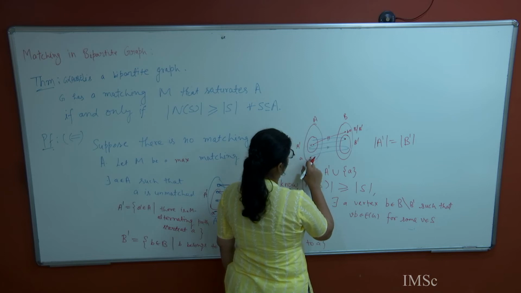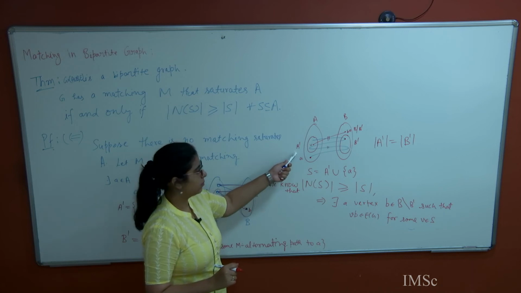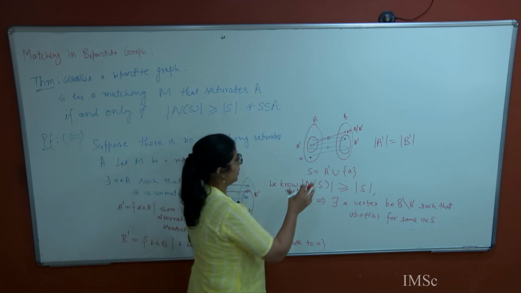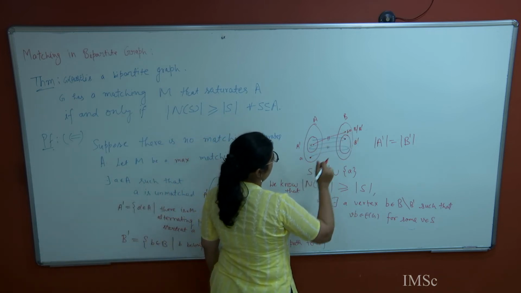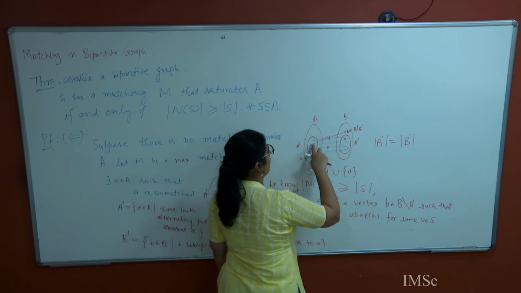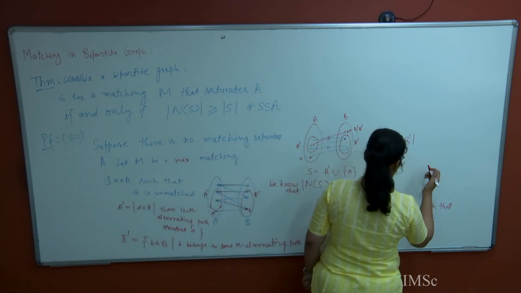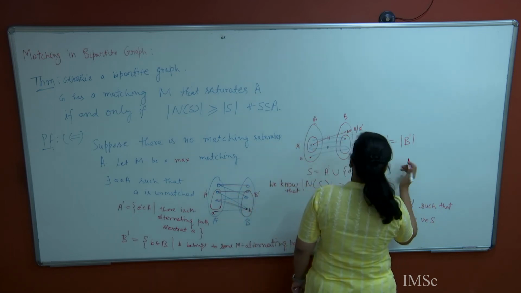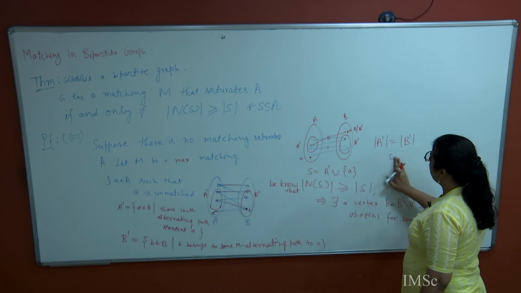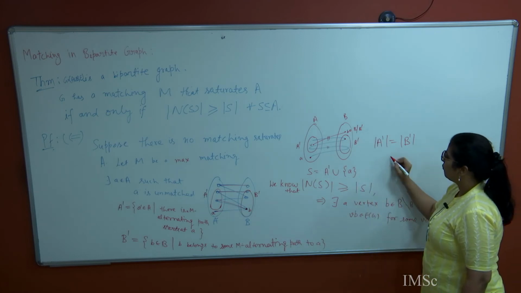Now, what about A to V? We have a path A to V because V is in A prime or V is exactly A. If V is exactly A, then you have A B directly, or otherwise from A prime you have some vertex which is adjacent to B. So, what can we say about B?